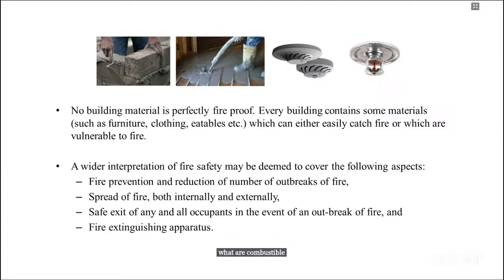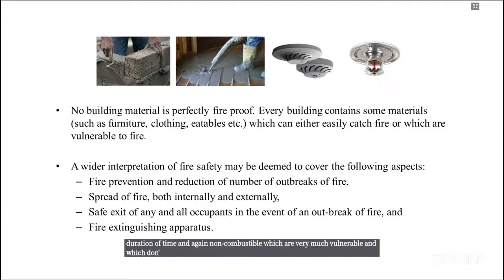The materials which catch fire but have the capacity of resisting it for a certain duration of time, which can destroy the material but it can withstand for a duration of time. And again, non-combustible, which are very much vulnerable and which don't have that withstanding power, right?